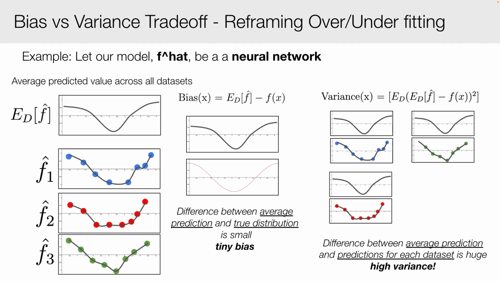Can you explain why that's necessarily a bad thing? Yeah, good question. So at the end of the day, I don't want to learn this data set. I want to learn this entire data distribution, right? And so the problem arises that each of these data sets represents this bigger true data distribution.